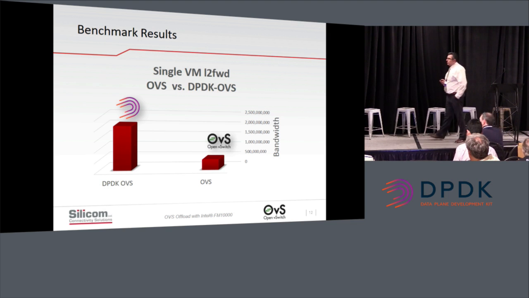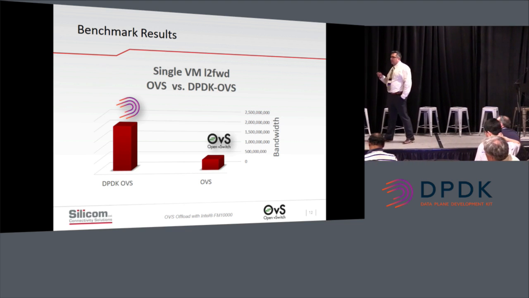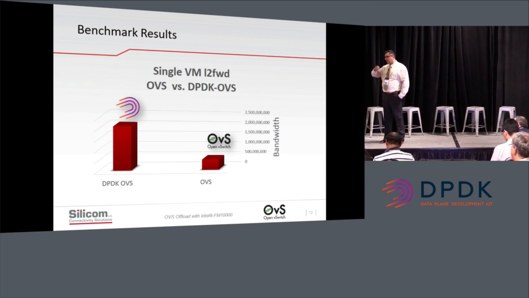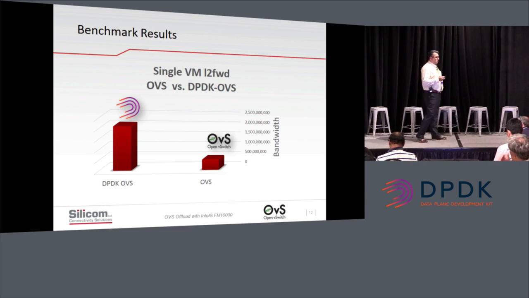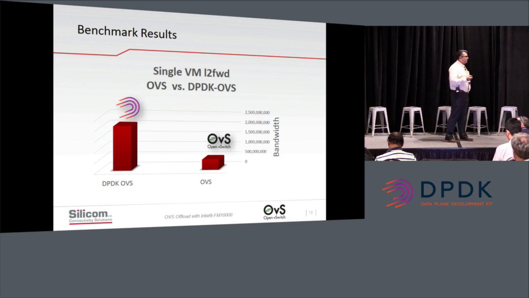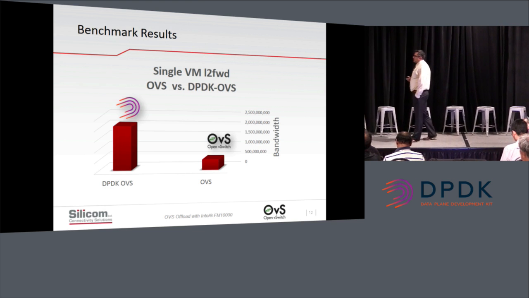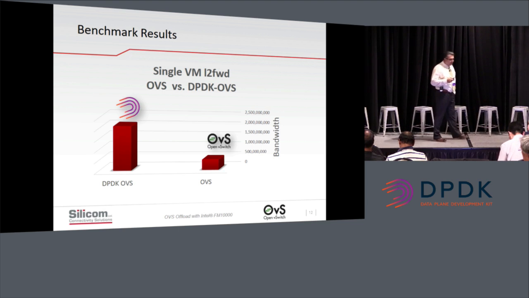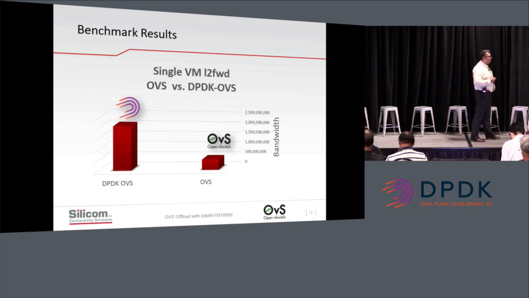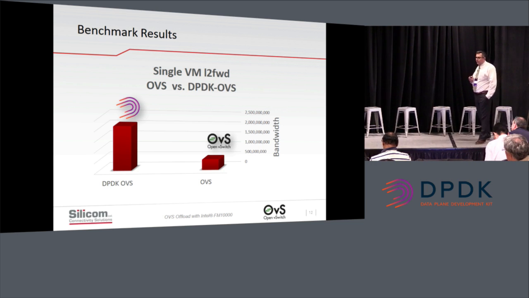The thing is that with a standard OVS, when we increased the number of VMs across which we performed a snake pattern of packet forwarding, then at the third VM, we ran out of CPU cycles because it was so hard to try to optimize its operation, and we just gave up. With DPDK, we could easily scale much higher. I don't remember exactly the number, but it was a much higher number of virtual machines.